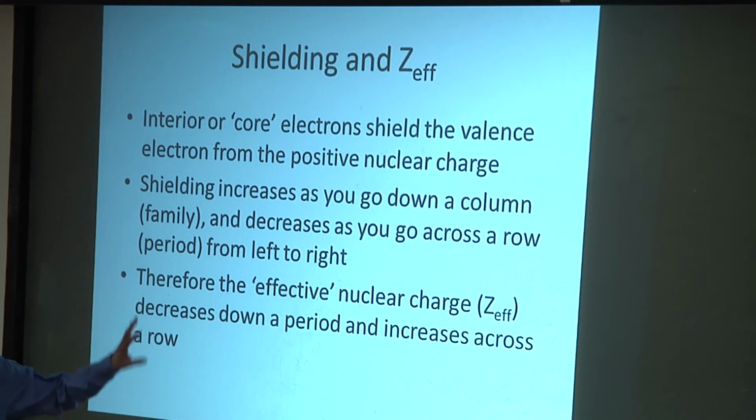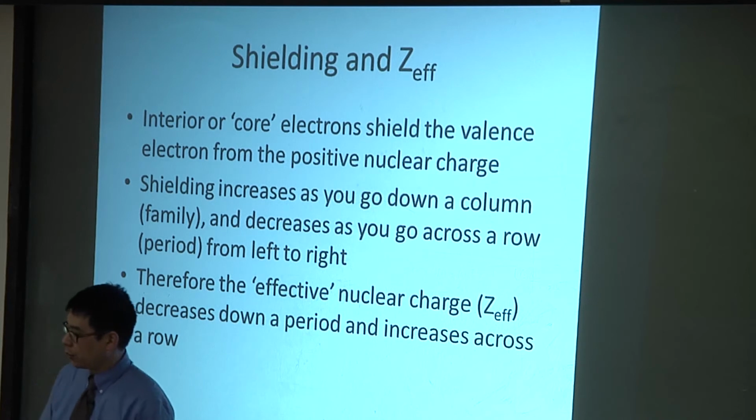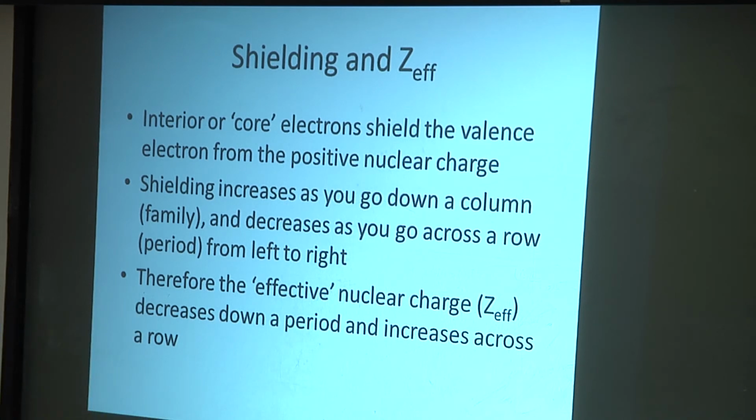We introduced the concept of shielding in the last chapter. It was a little bit hard to understand. Go back and look at the slide for that particular application of shielding when we're looking at s versus p versus d. But when we're looking at interior or core versus valence, the shielding concept, I think, is much more straightforward.